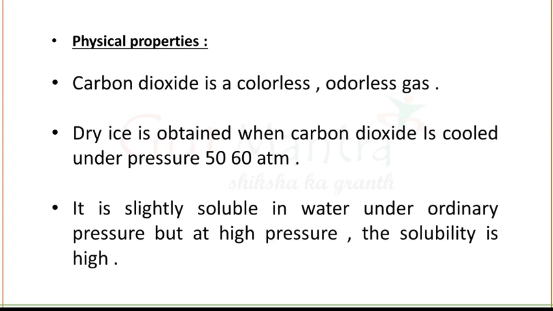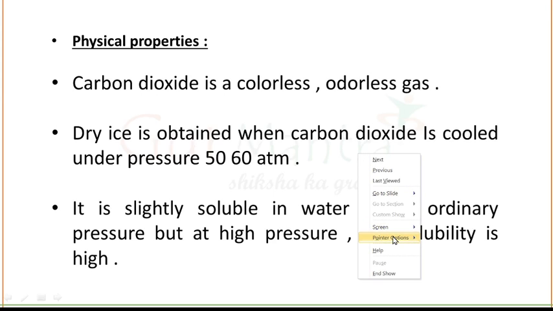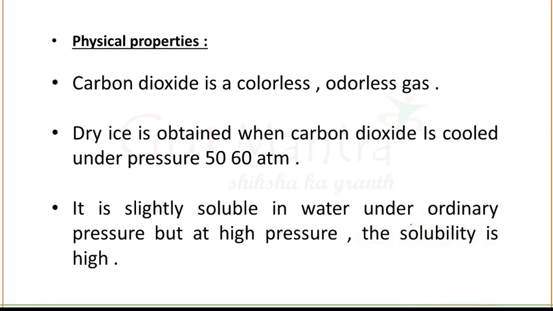Dry ice is obtained when carbon dioxide is cooled under pressure of 50 to 60 atmospheres. It is slightly soluble in water under ordinary pressure, but when you give high pressure to carbon dioxide, the solubility will increase.